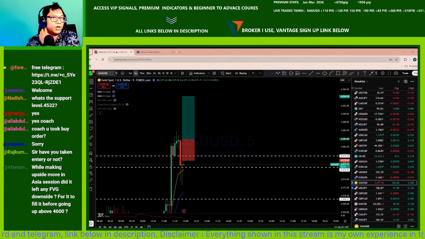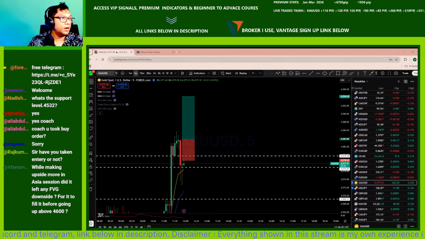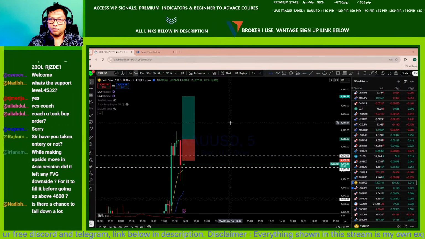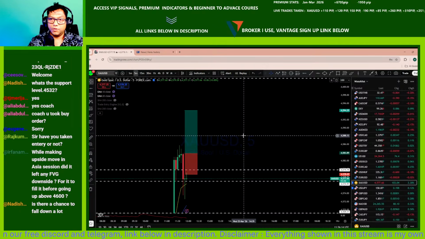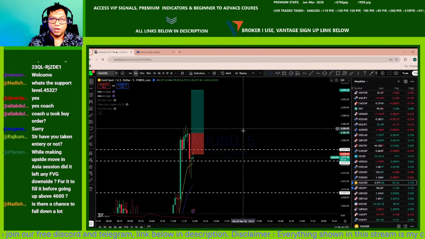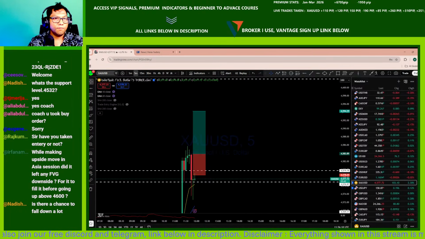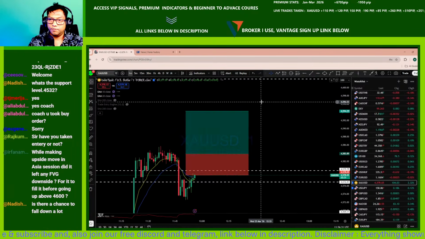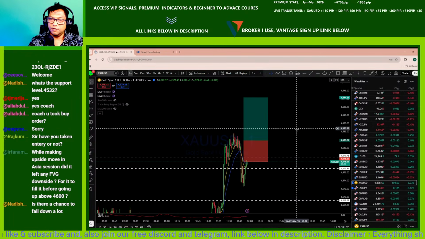Okay, so here the market structure is shown to be bullish, and if this continues, you might see a new higher high here. Most likely we would see that new uptrend continuation in this area.